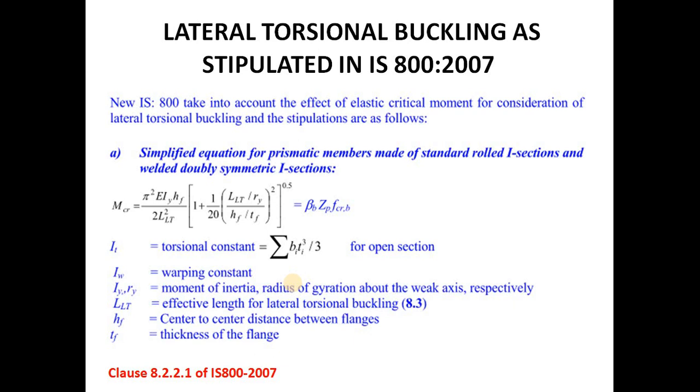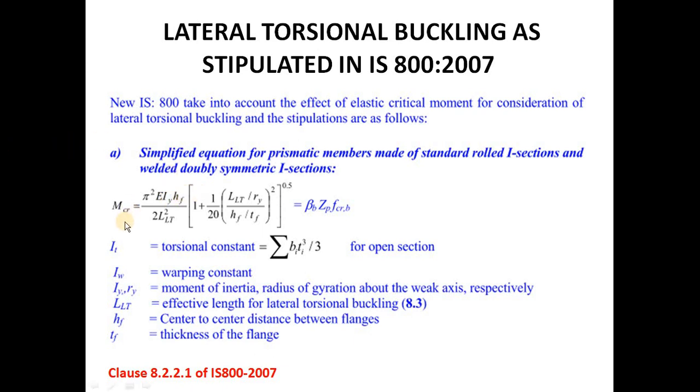The simplified equation for prismatic members made up of standard rolled I sections and welded doubly symmetric I sections is as below. This formula gives you the elastic critical moment, that is the moment at which the beam fails under lateral torsional buckling, and it is given by this equation.